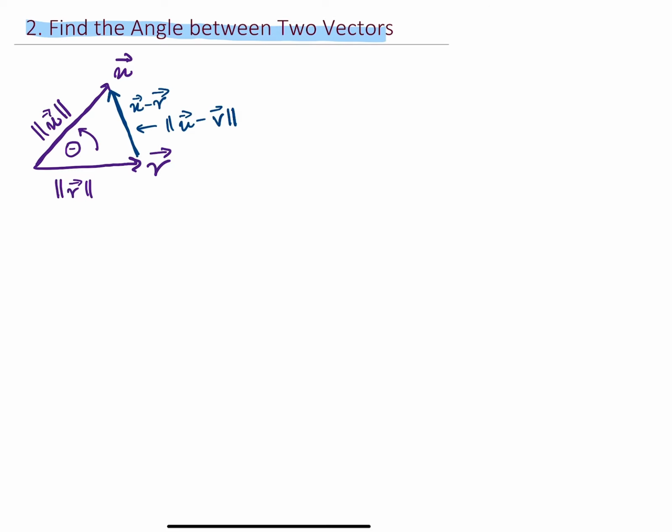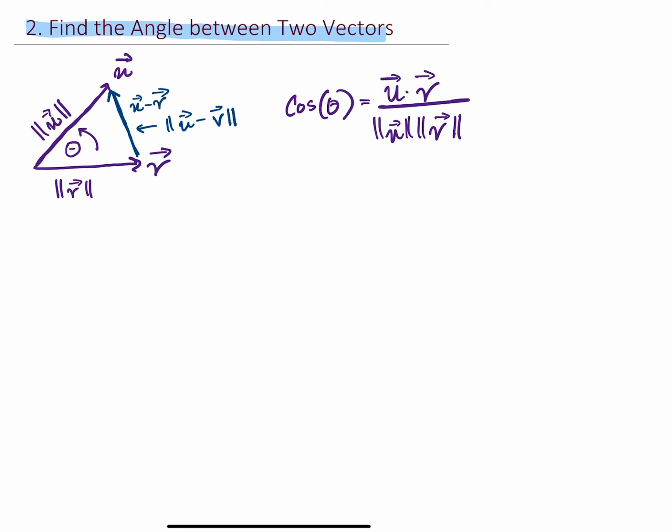Just to jump to the formula so we can see it first, they'll tell us that the cosine of the angle between vectors is equal to u dot v divided by the magnitude of u times the magnitude of v.